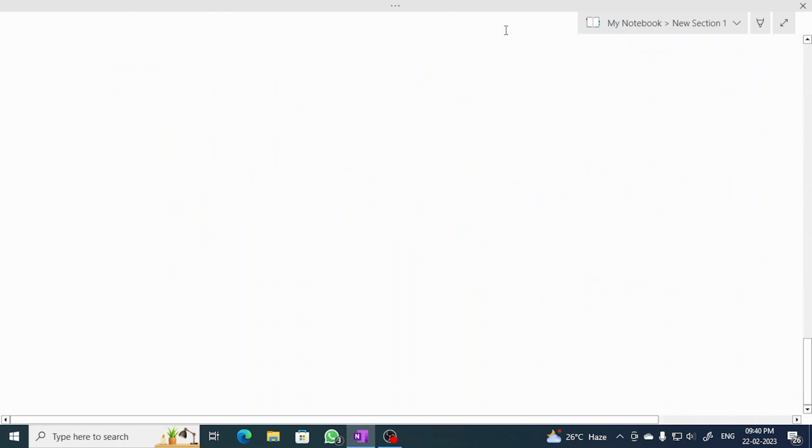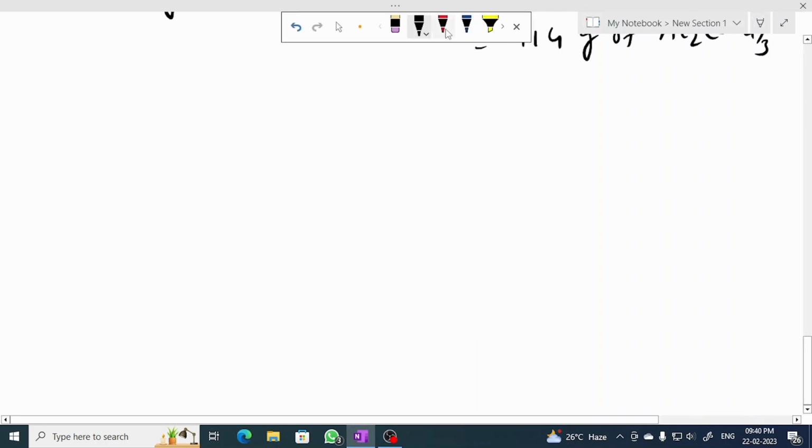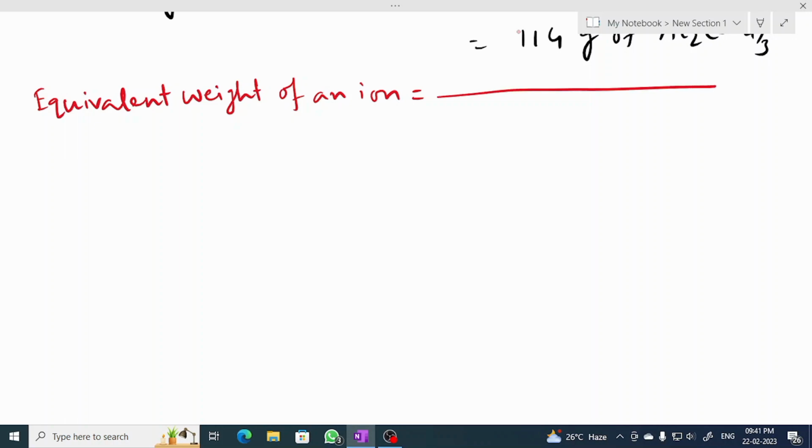Now we will discuss the equivalent weight of an ion. The equivalent weight of an ion is basically the formula weight of the ion upon the valency of that ion.